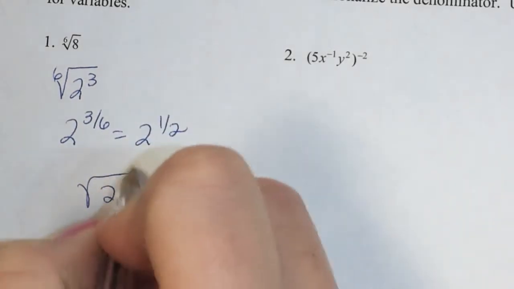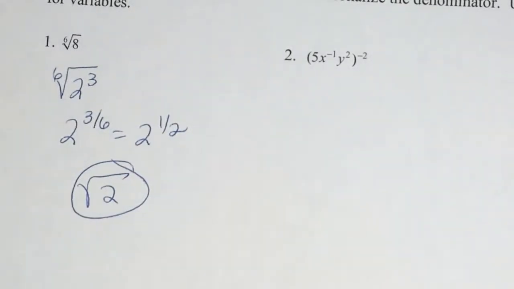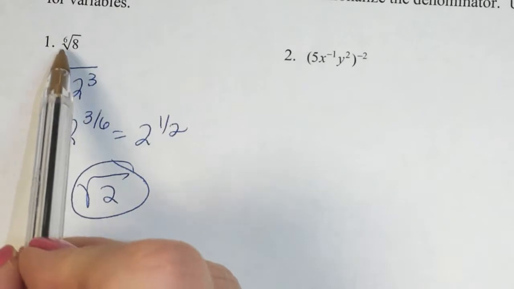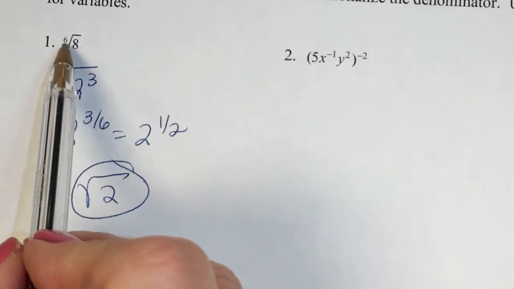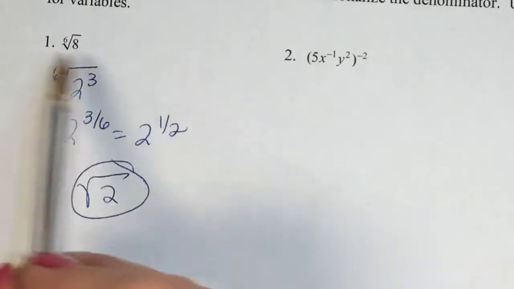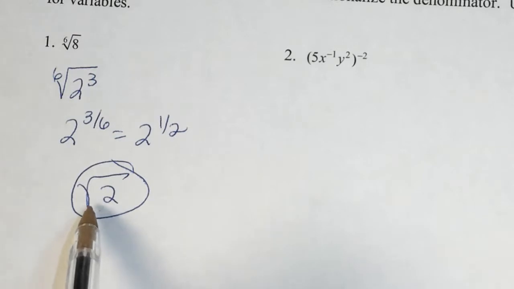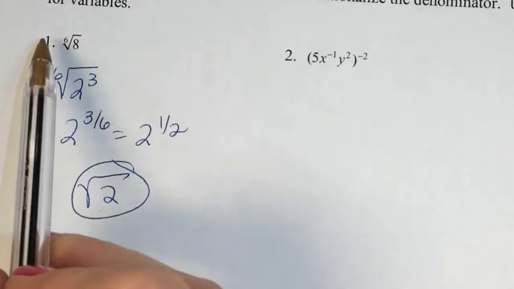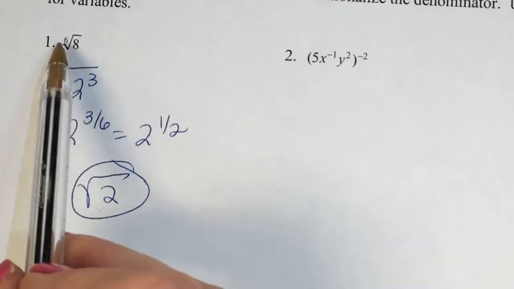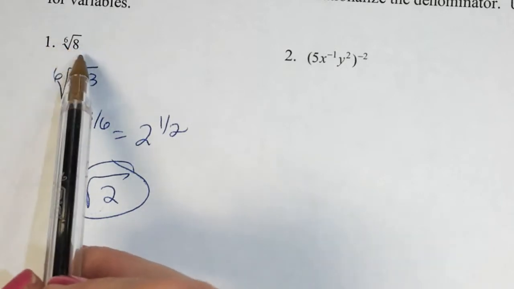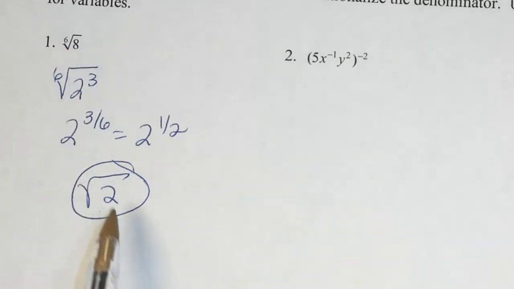Good. That's all we have to do with that. Whenever we see one of these roots like this, we want to check to make sure that we can't write it in a different way. So, 6th root of 8, if that was my final answer, that's not the best answer because it's not simplified. It can go down even further to radical 2.